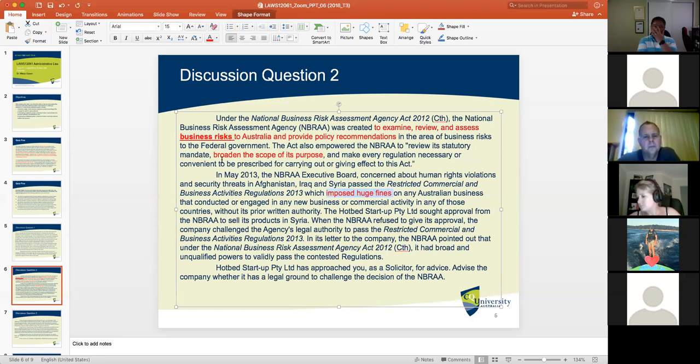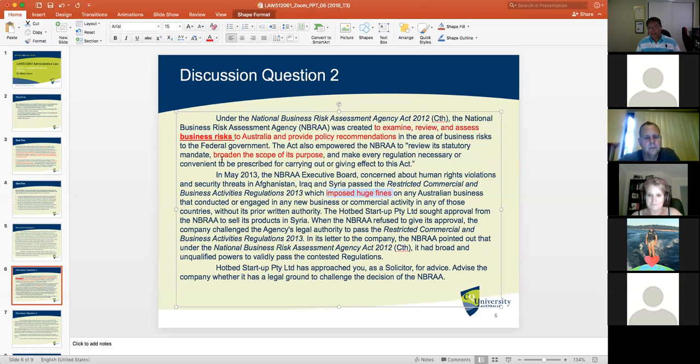So in other words, the mere fact that the executive seems to be making a decision, as lawyers or as future lawyers, we always have to wonder, does the executive actually have the power to do what it wants to do? You always have to ask that. Is the executive decision authorized by a statute?